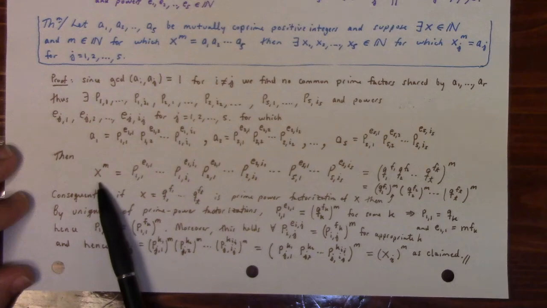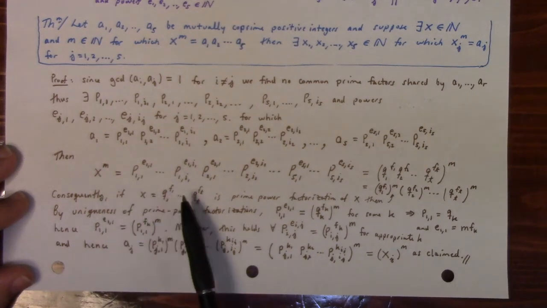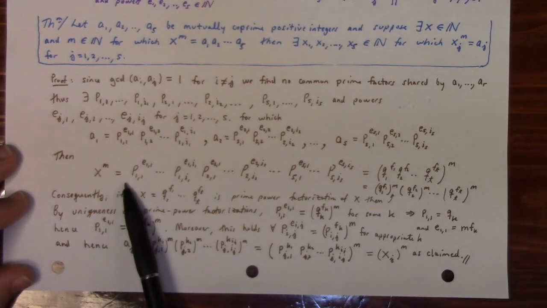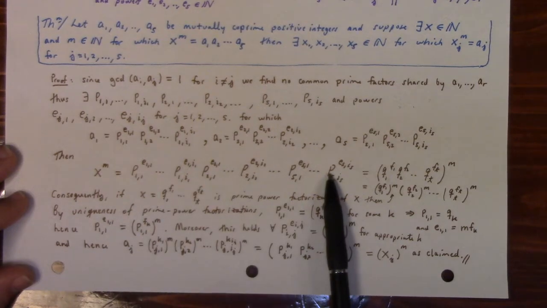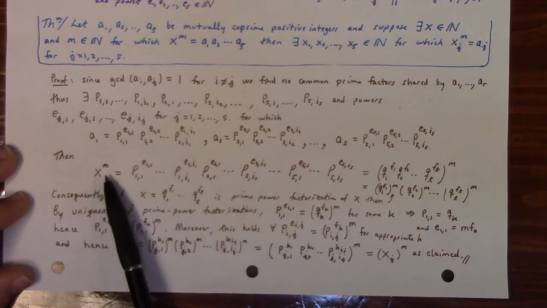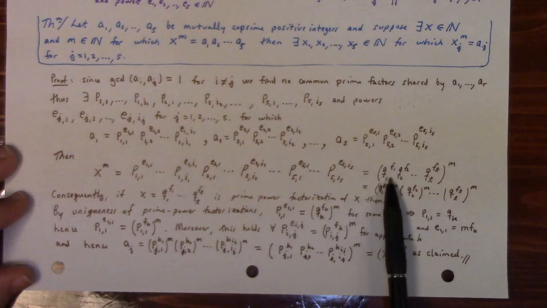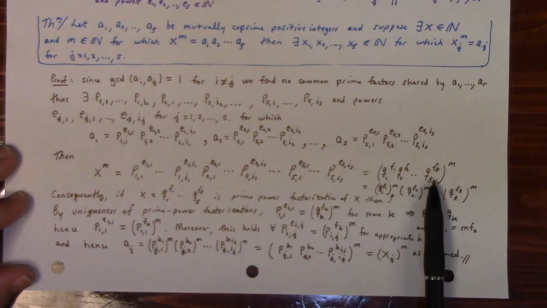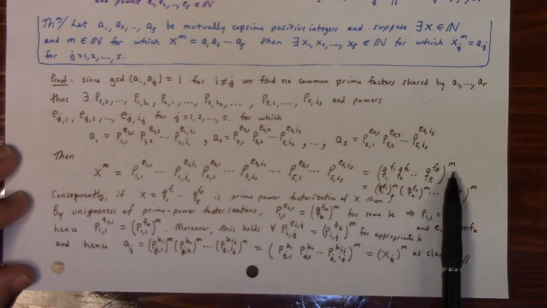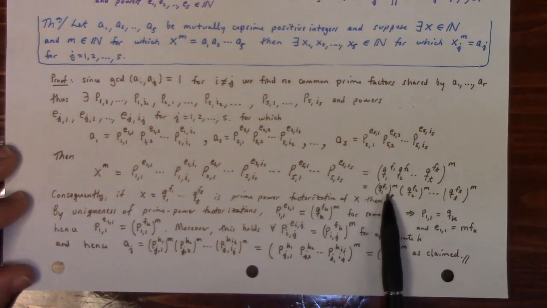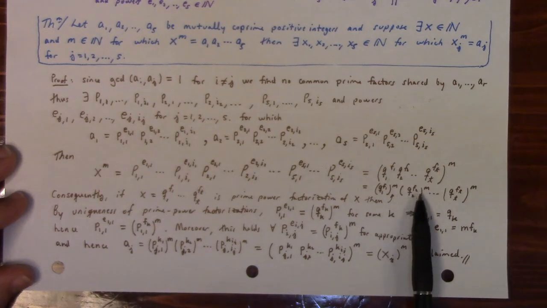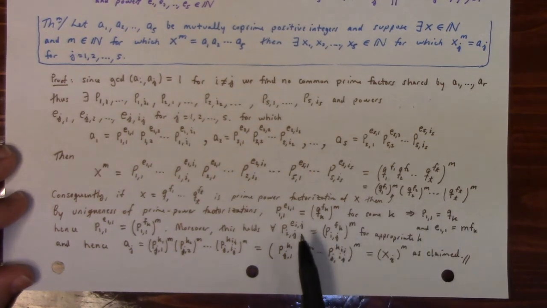So if I take x to the m, it's equal to all of this, right? And that's supposedly equal to, this is my prime factorization of x itself, q_1 to the f_1, q_2 to the f_2, through q_t to the f_t, to the m, which by algebra is q_1 to the f_1 m, q_2 to the f_2 m, and so forth.